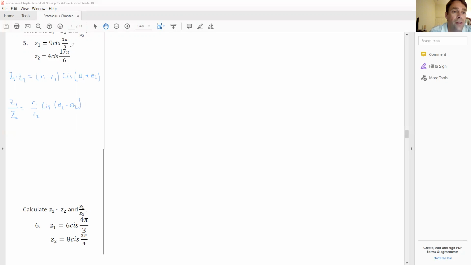So let's see how this works. When I want to multiply these two, I'm going to take the R values and multiply them together. So 9 times 4. And then I'm going to take the angles and add them together. So 2 pi over 3 plus 17 pi over 6.